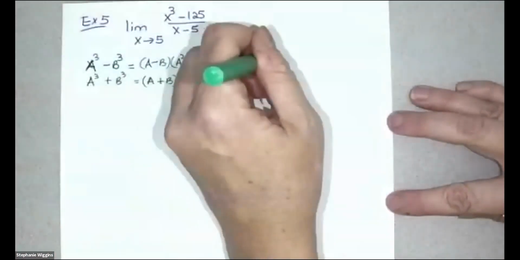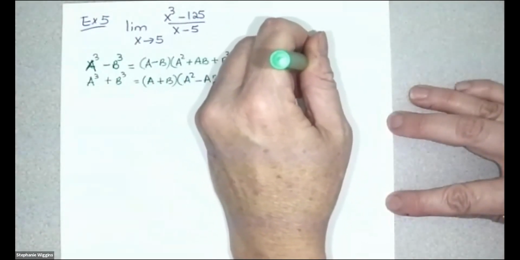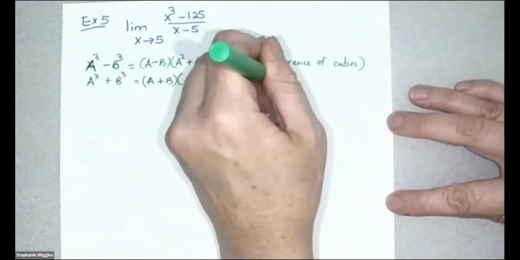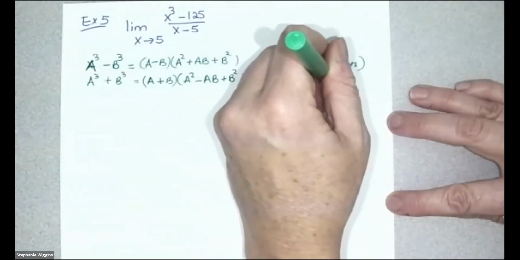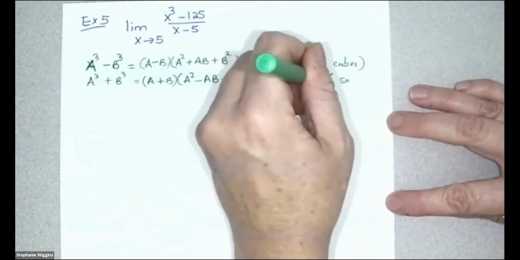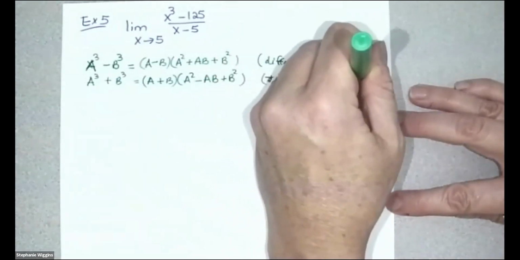So this is the difference of cubes, and this is the sum of cubes.